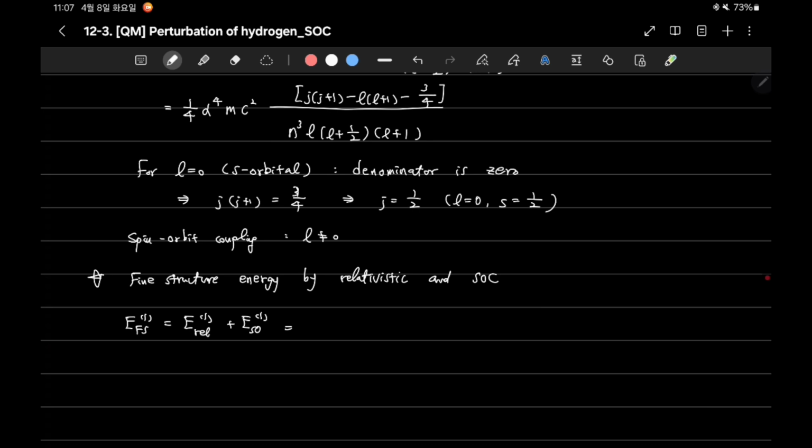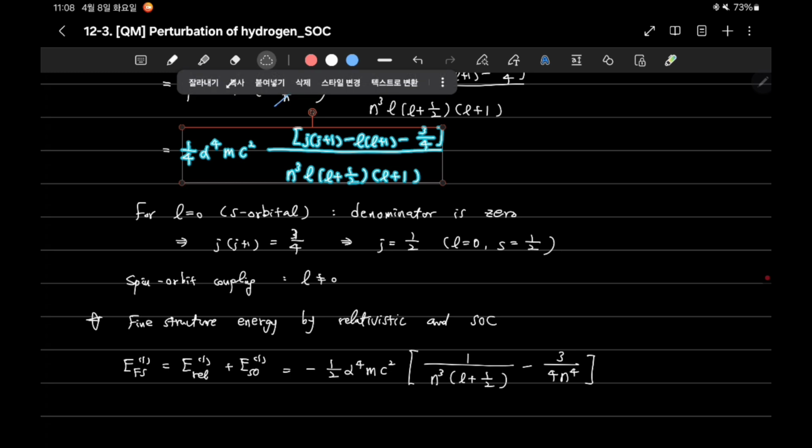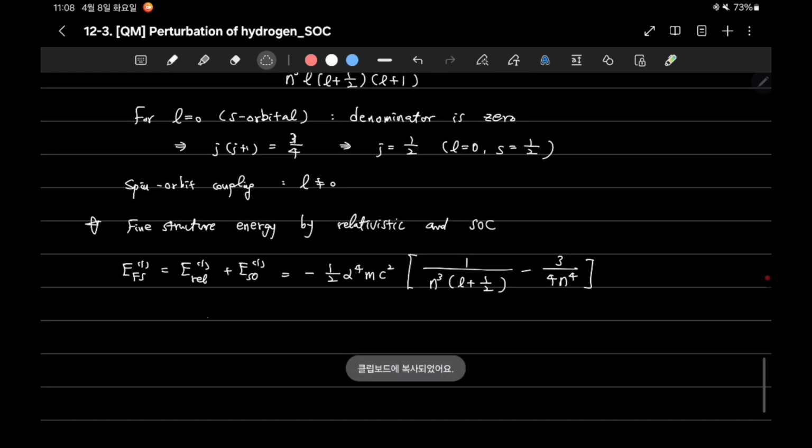So when I write down, relativistic correction is that the minus 1/2 alpha to the 4 mc square and 1 over n cube L plus 1/2 and minus 3/4 n to the 4, and it is a relativistic effect. And also the spin-orbit coupling makes that this energy correction.